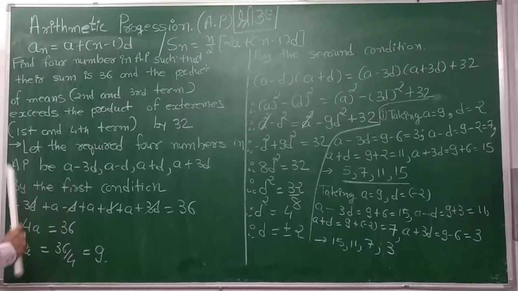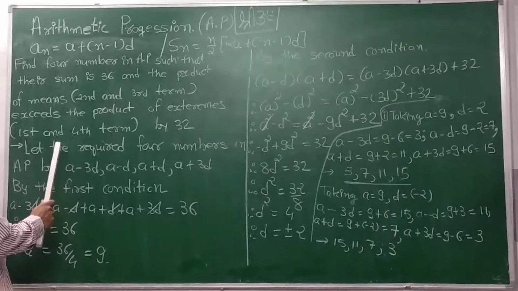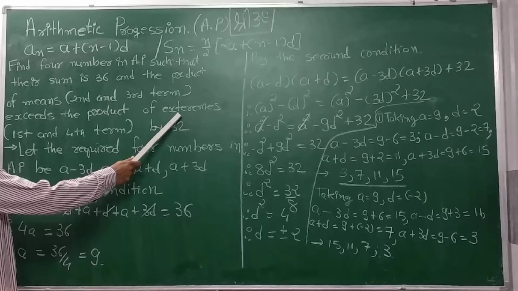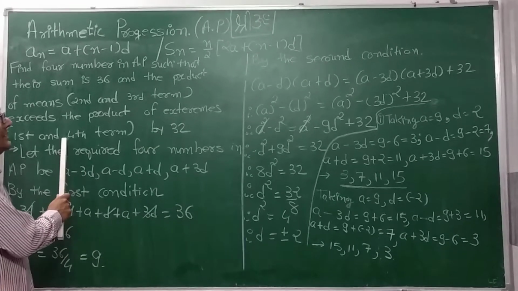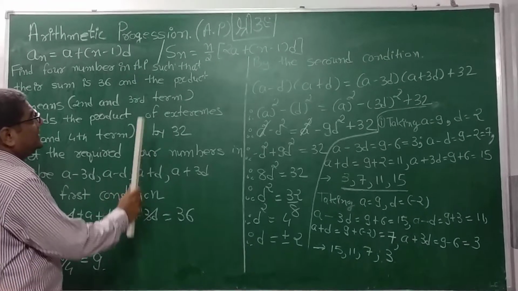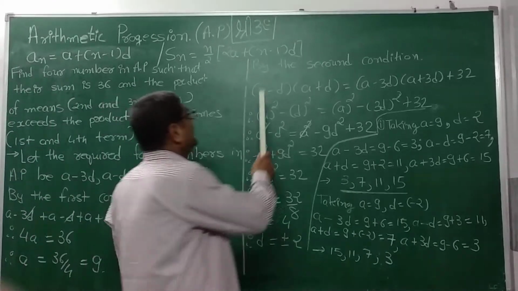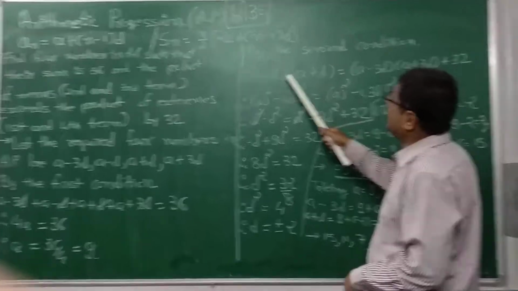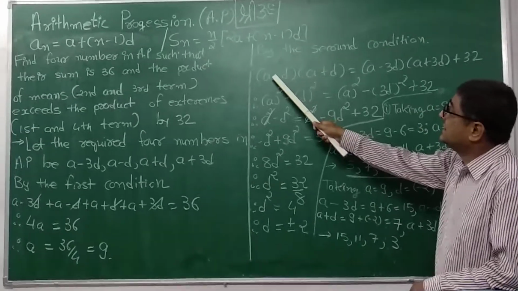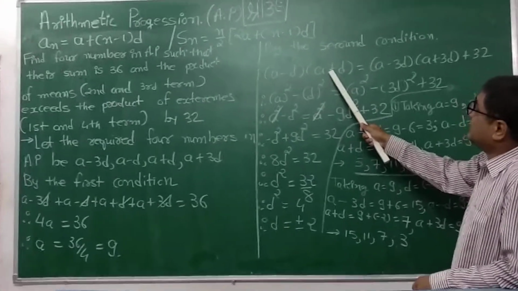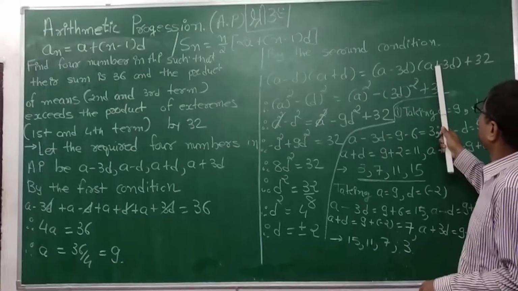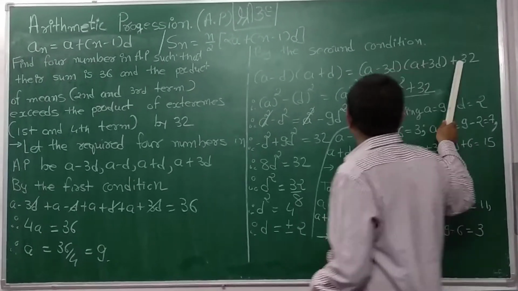Now the second condition says that the product of the means, that is the third term and second term, exceeds the product of the extreme terms, that is the first term and fourth term, by 32.